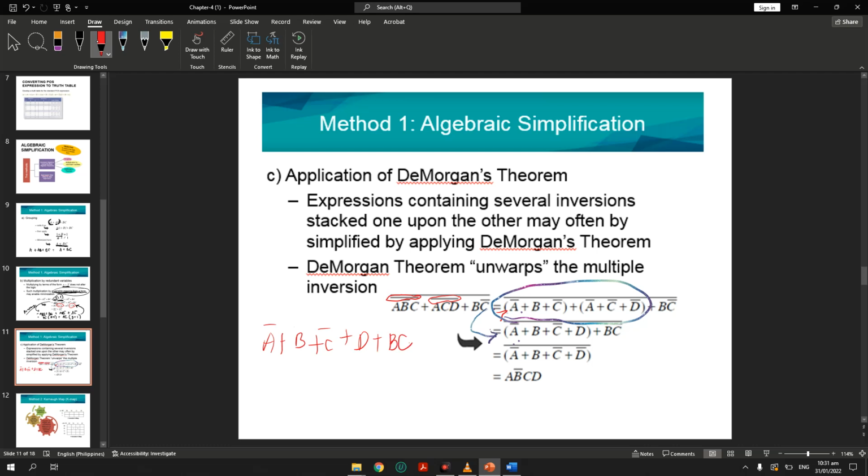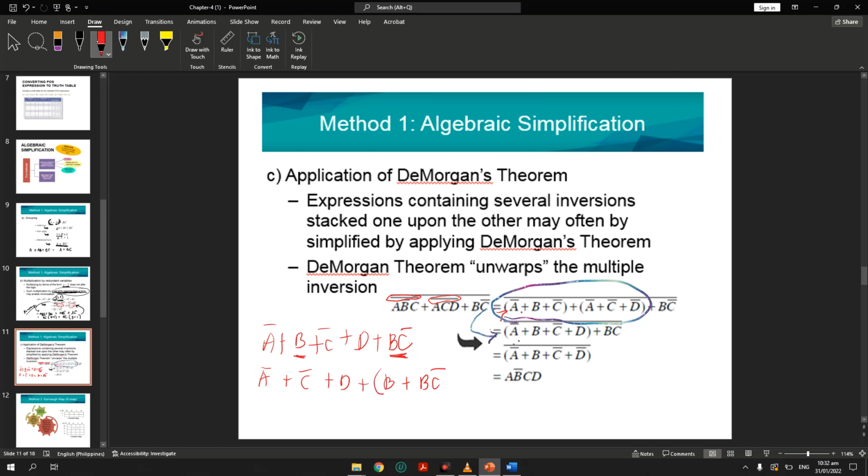Again, if you look at these terms, we have B here and the BC here, which is common, so we can rewrite A complement plus C complement plus D plus B plus BC complement. I mean, it's BC complement here.